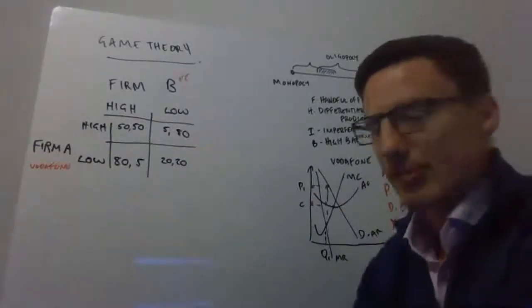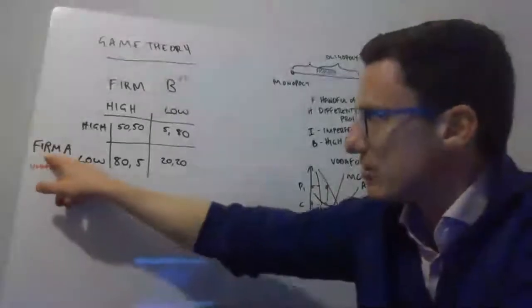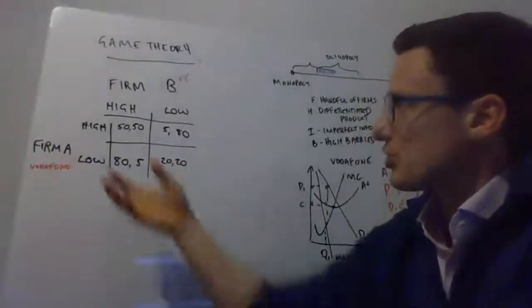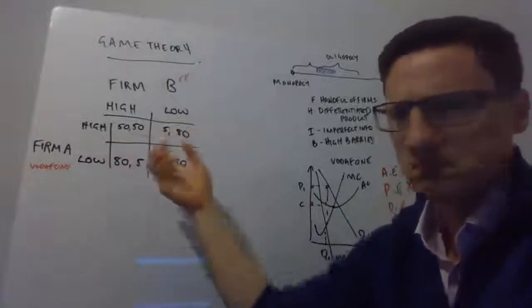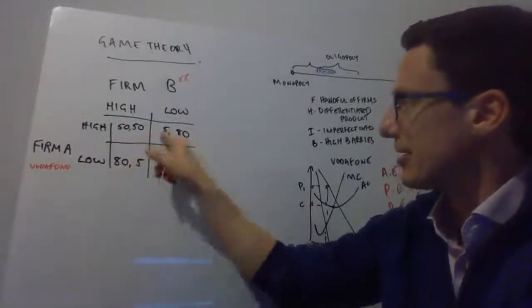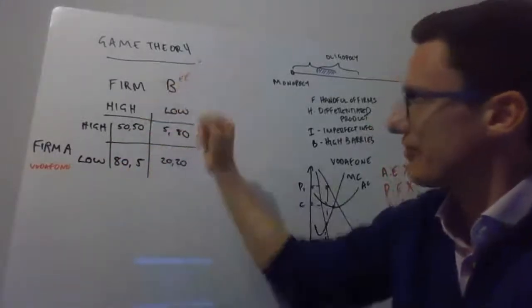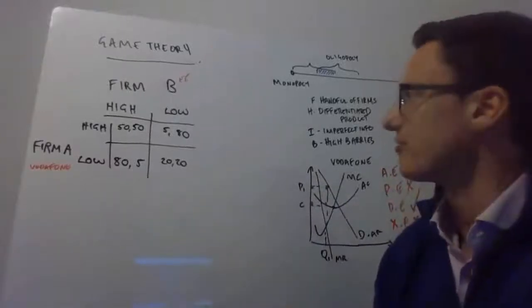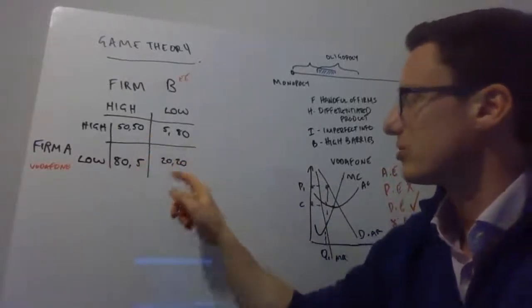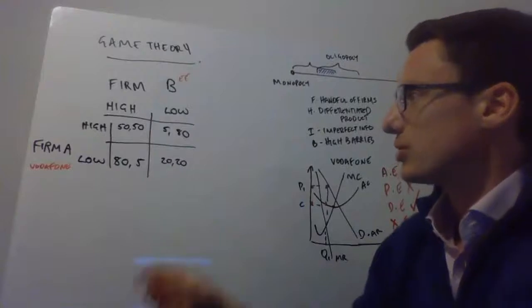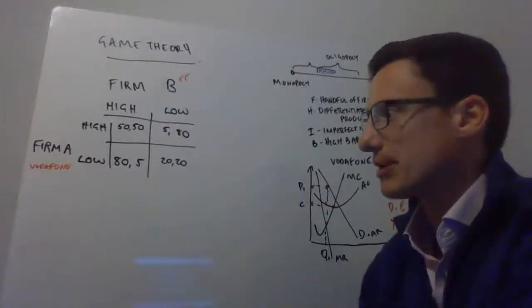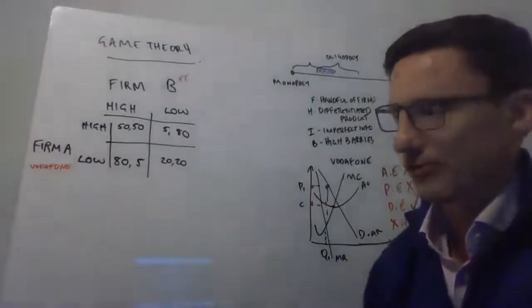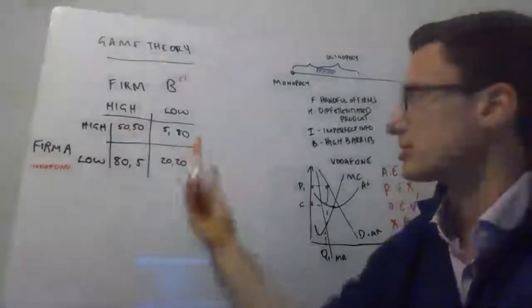It's always useful to remember that the firm playing this way, on the left-hand side, is the number at the beginning, okay? And the firm that's playing down is always the second player, firm B, and their number is always on the right-hand side of the two. So what do these numbers represent? They are meant to represent the amount of profit the firm will make given the pricing decisions that we're given here.